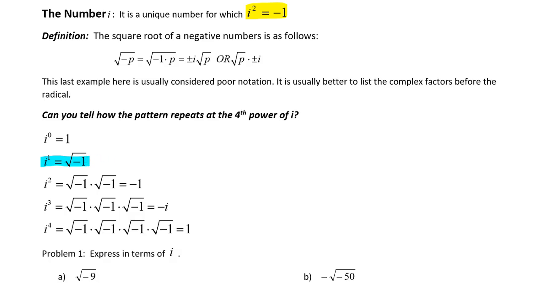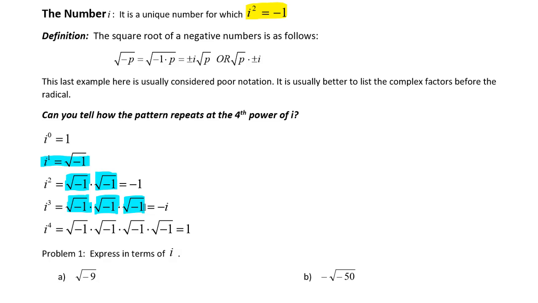Notice that this takes what we had in the first example, i to the first power, and multiplies it by itself. Whenever you multiply two radicals with the same identical radicand, you get the radicand out without the radical there. And then for i to the third, we have 3 radicals multiplied together with a negative 1 inside. Notice that this gives us negative i.